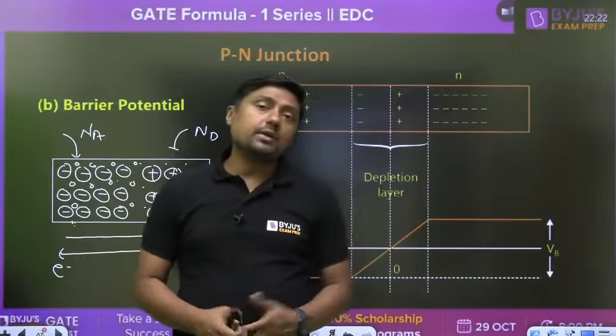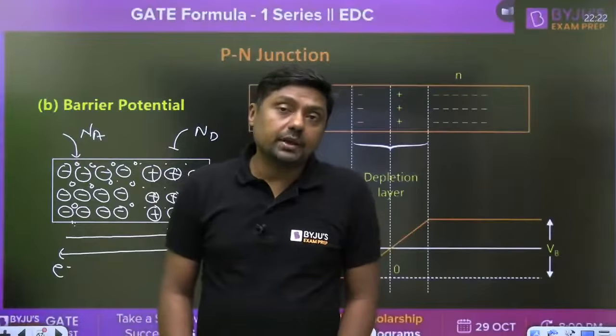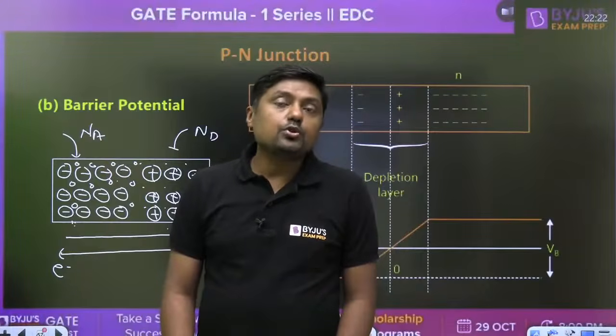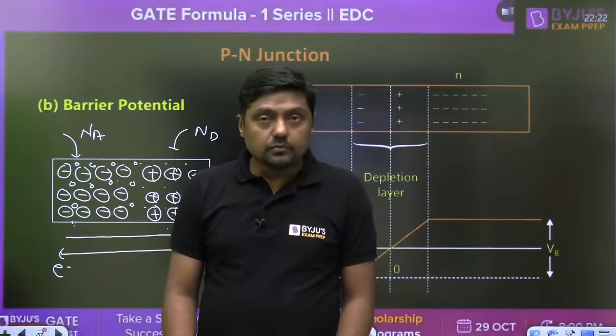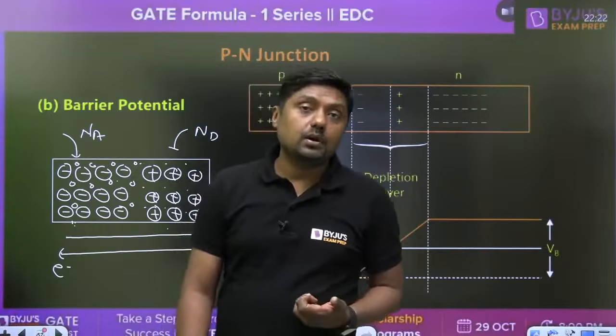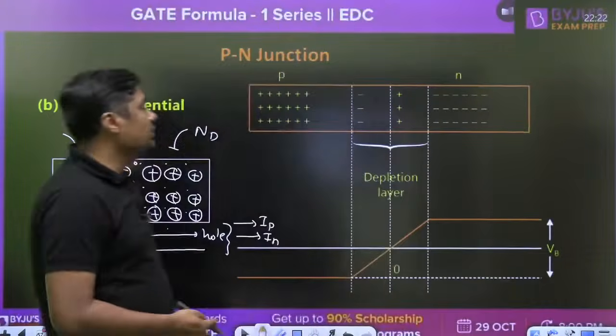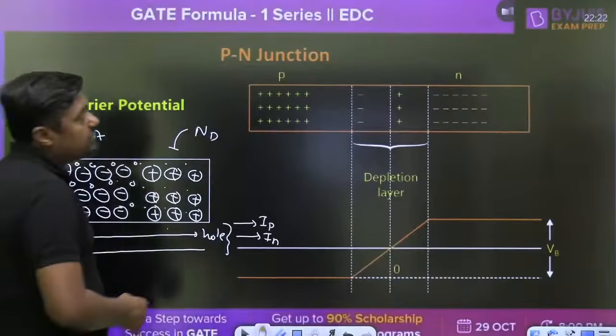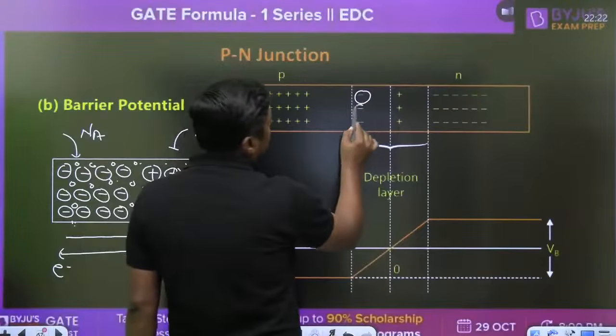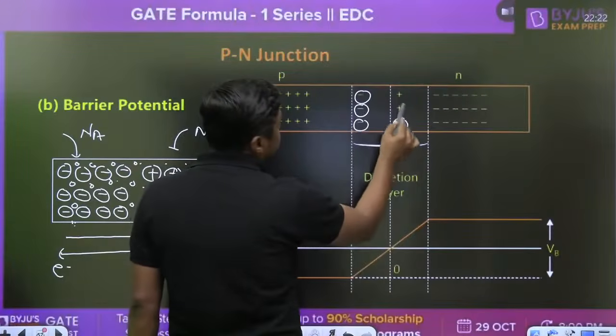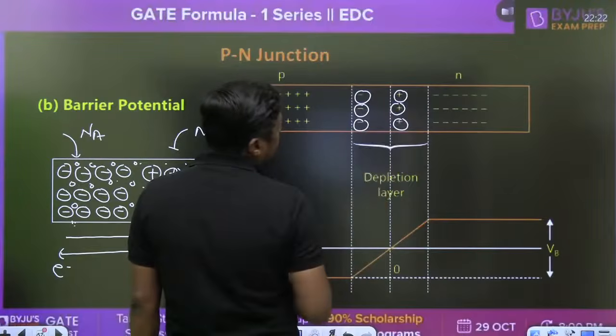But in an open circuit bar there will be no current, right? To stop this diffusion, a built-in potential will develop, and that built-in potential is given by VBI. This is the built-in potential because of these uncovered immobile charge carriers. Right?